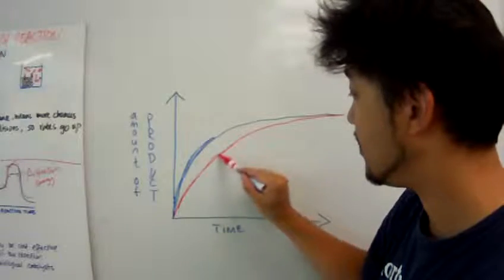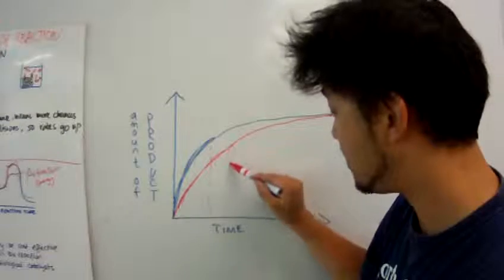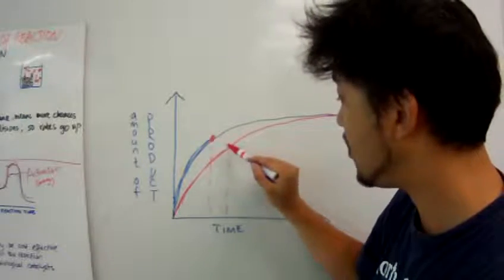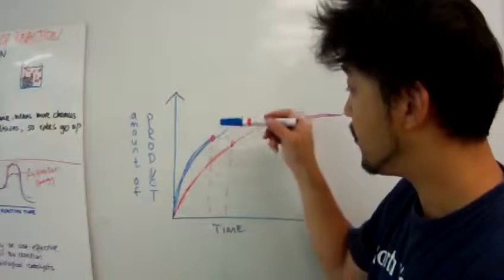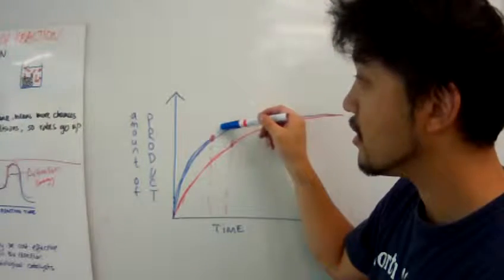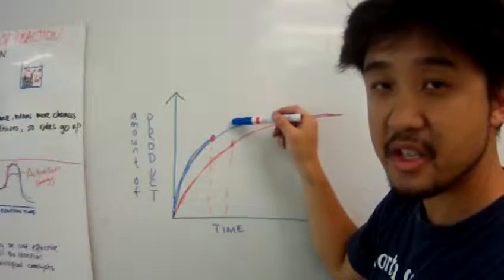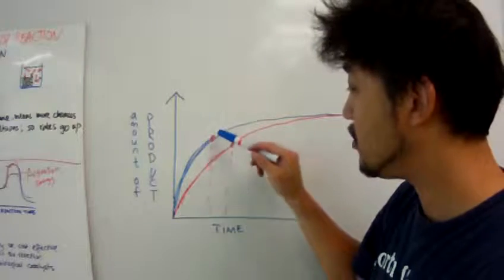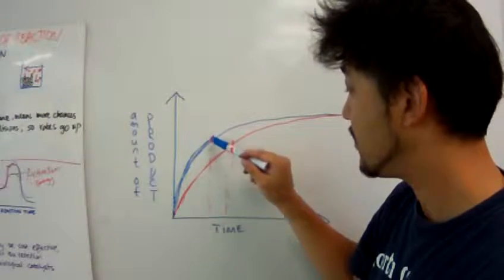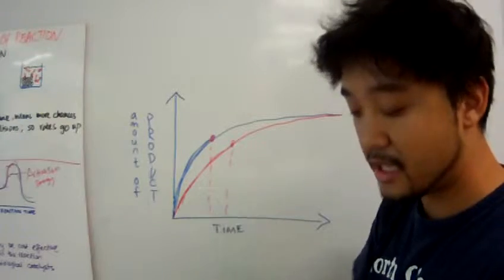If you compare the times, you will see that you have made more product here compared to that. With increased surface area, with the increased temperature, with the increased concentration, or with the addition of the catalyst, you will see that you make more products in a lesser given time.